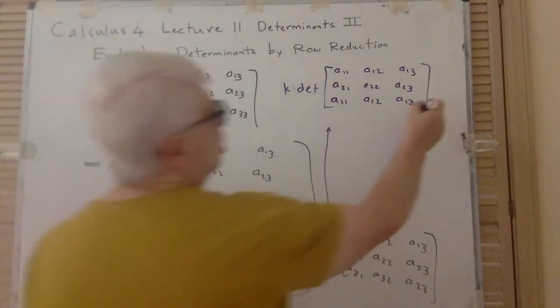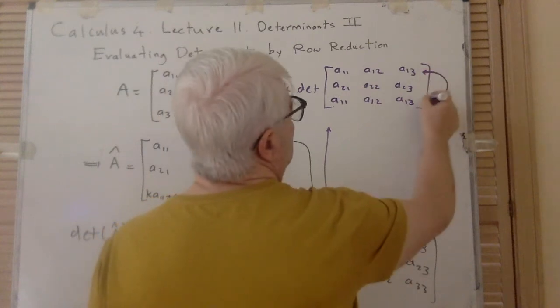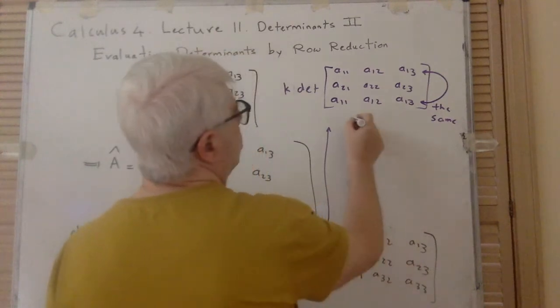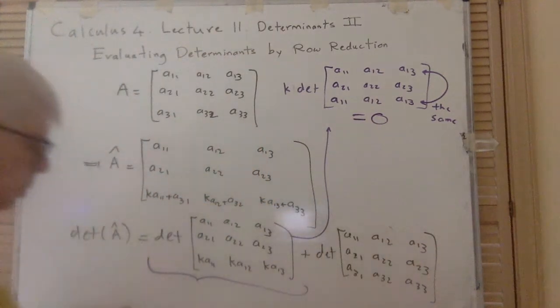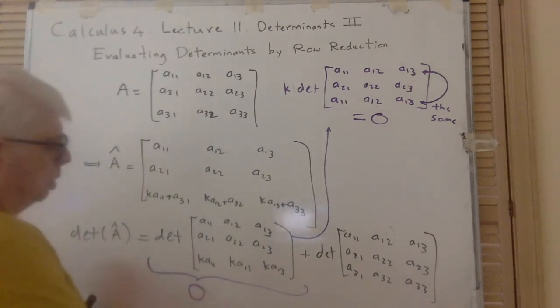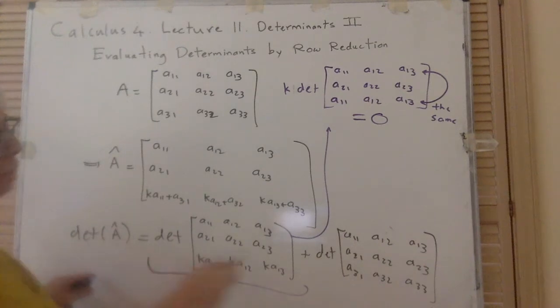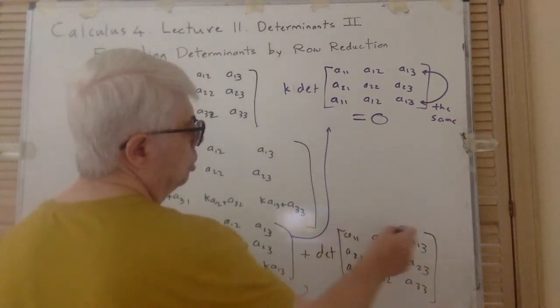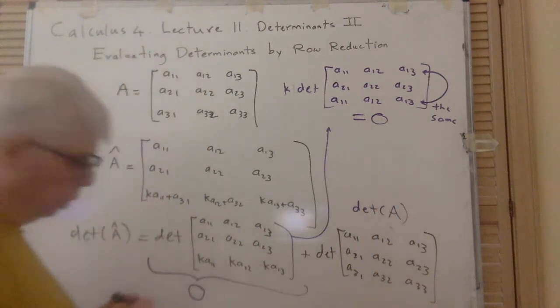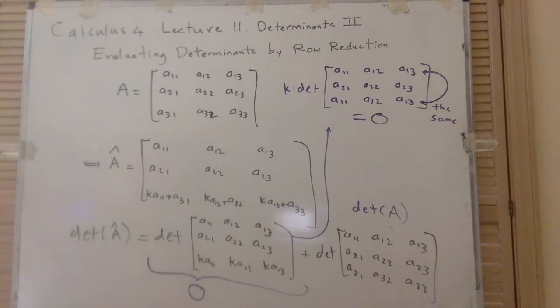This has two rows which are the same, so this determinant is 0. 0 times k is 0. So if this guy is 0, then the determinant of A hat is the determinant of A.